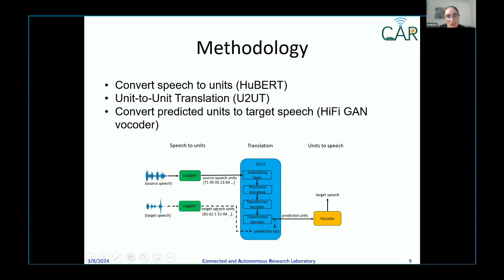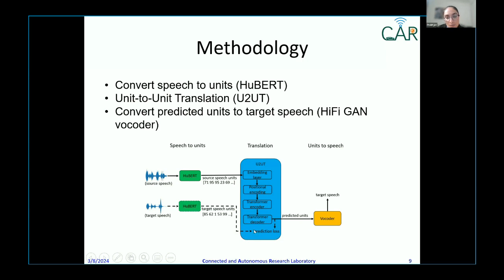Then this data set is used to train a model, which we call the unit-to-unit translation model. This model is transformer-based. It contains the embedding layer, positional encoding, and transformer encoder and decoder layers. We use this parallel data set to train this translation model. This training happens in a teacher forcing manner, which means we use the targets during our training.